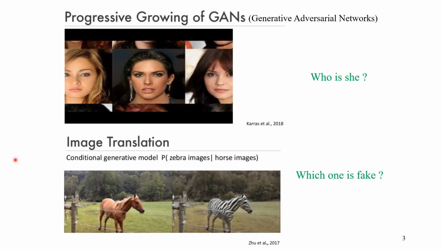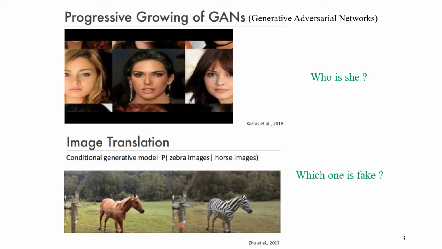Down here, actually, these are movie clips. This is the original movie, and then you ask the GAN algorithm to transform the original horse into a zebra.